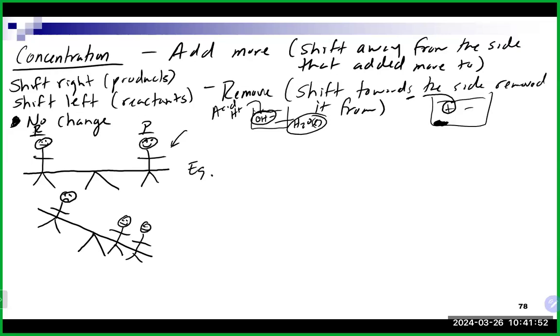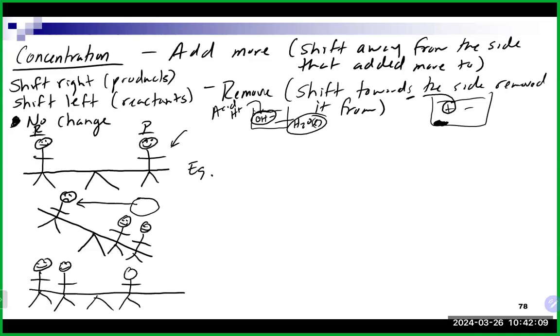Left-hand side, right? So we added people to the right-hand side. It's going to shift to the left to fix that. And it's going to return to an equilibrium position here on the second time in this particular case, right? And again, it will return back to the equilibrium position at that point.